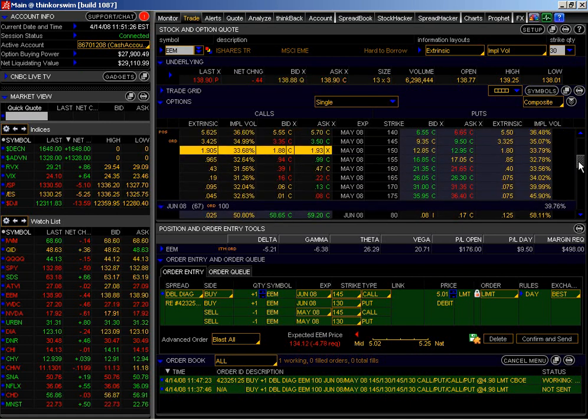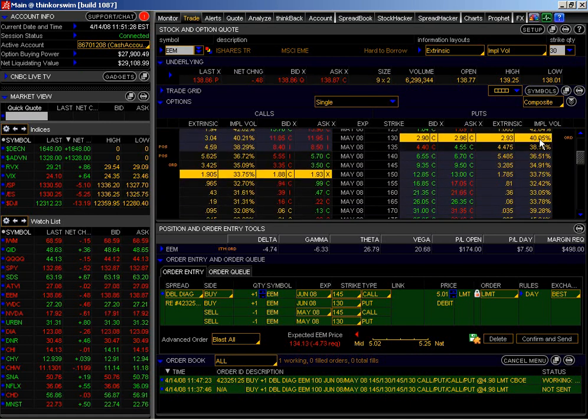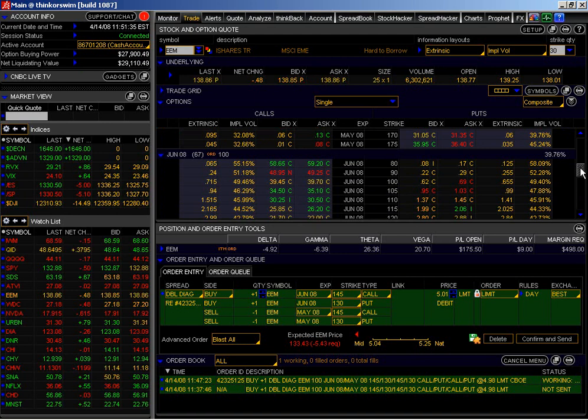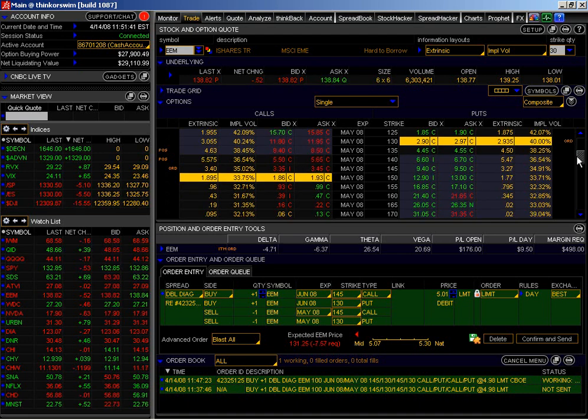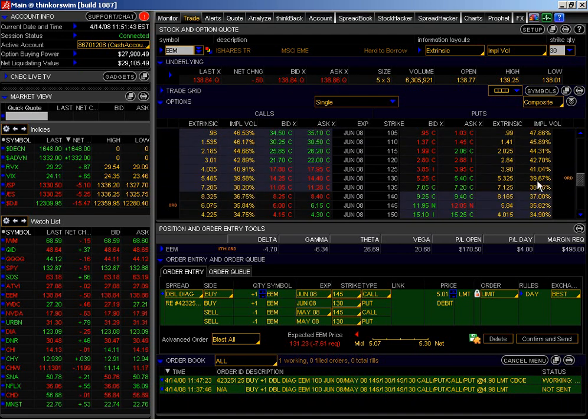It's positive because you are selling a higher volatility, and if the volatility should come down, then you are in a better position to profit. A negative skew is if you have a lower volatility in the front month that you're selling and a higher volatility in the next month that you're buying. That is actually not a good position to be in, especially if it's 2 points or more, because you're selling a lower volatility.